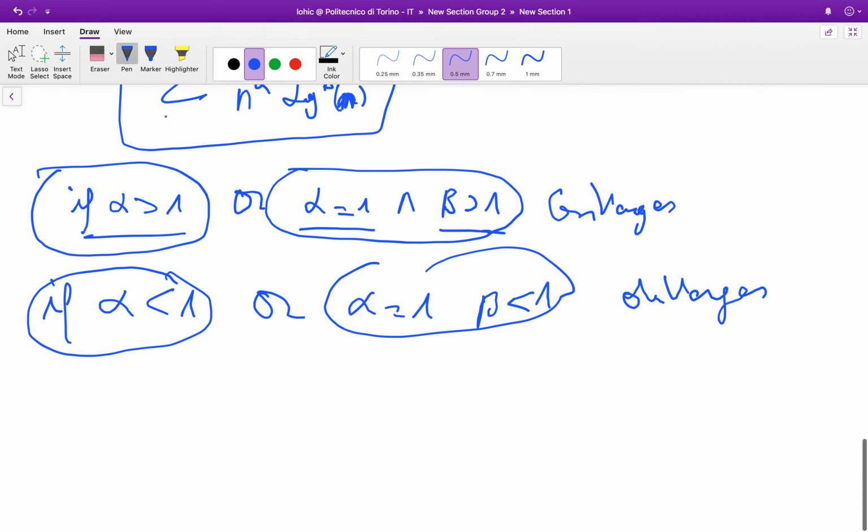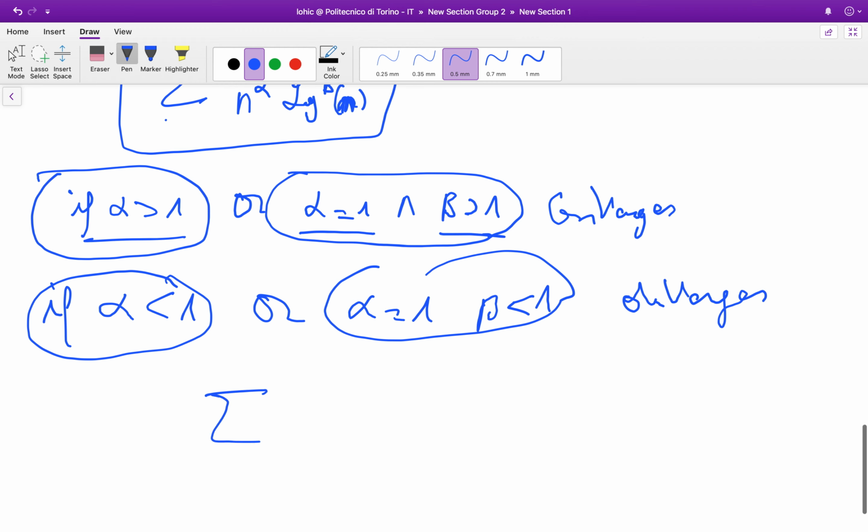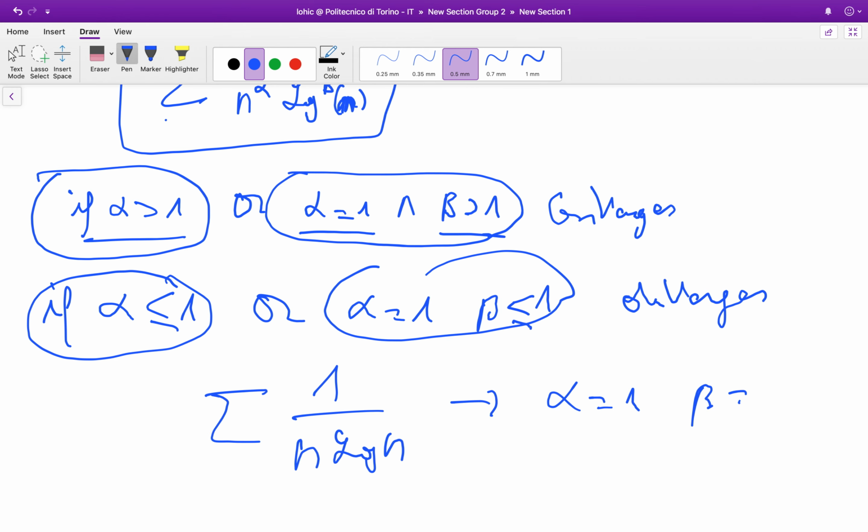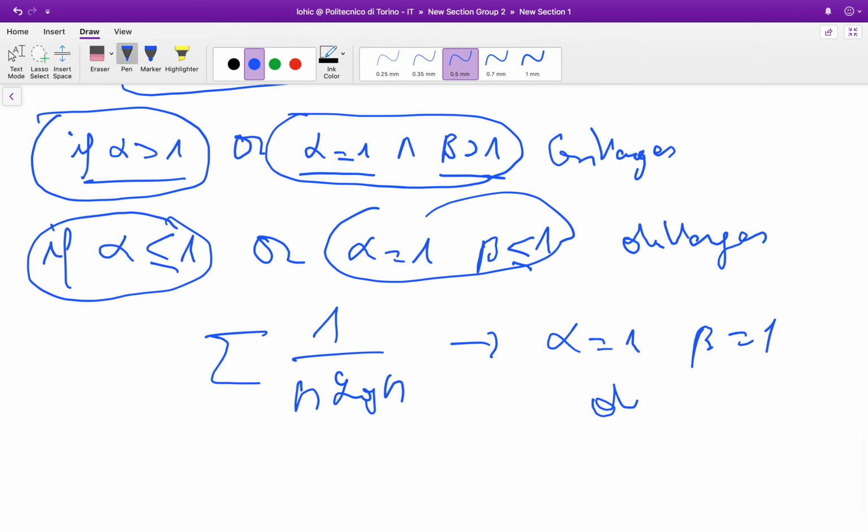In our case we have the sum of 1 over n multiplied by log of n, right? So alpha is 1 and beta is 1, so it diverges.